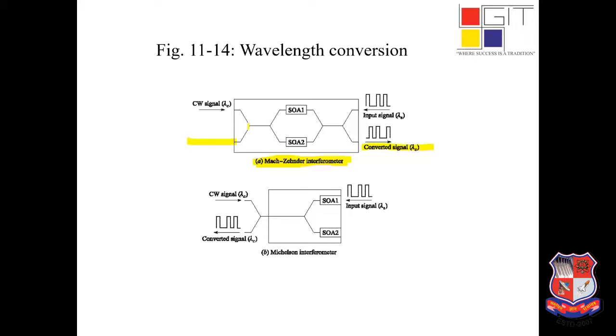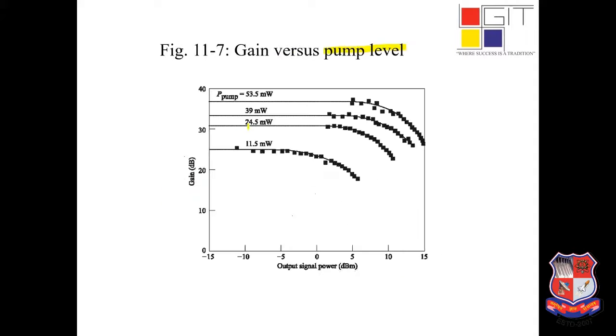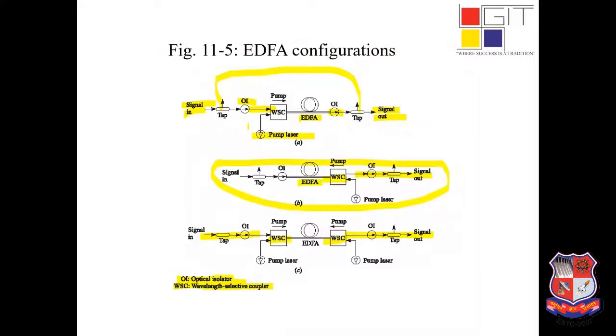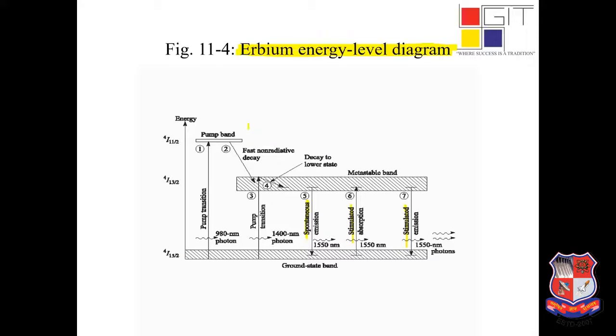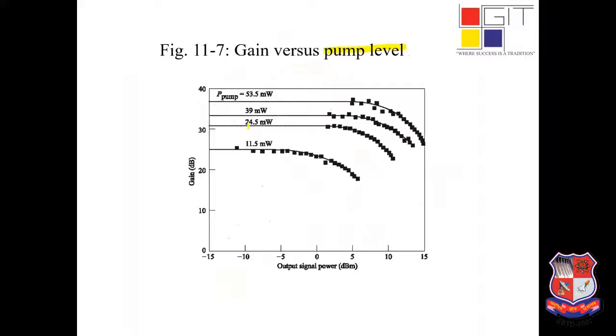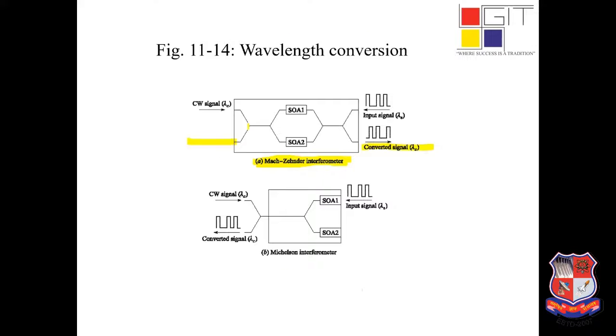Internally, yes, it does use these various fiber amplifiers that we saw. One of the prominent ones that we are using here is the EDFA. These various amplifiers are used to obtain this Mach-Zehnder interferometer. And that brings us to the end of this unit.